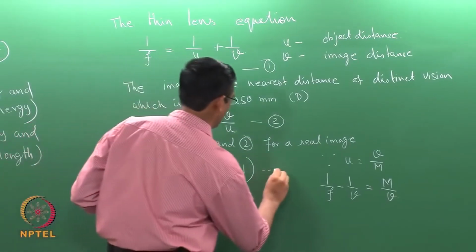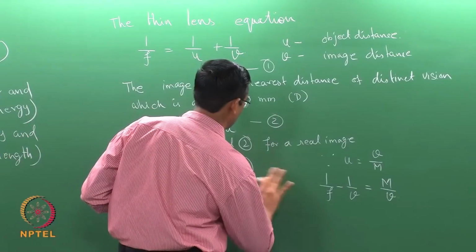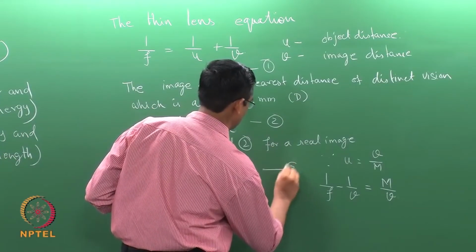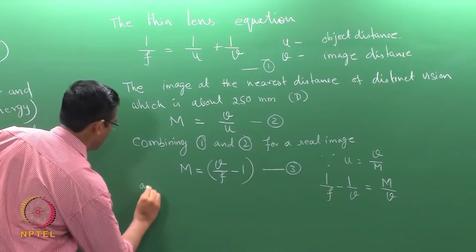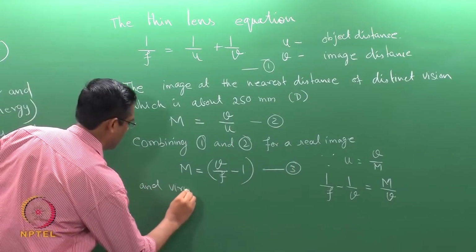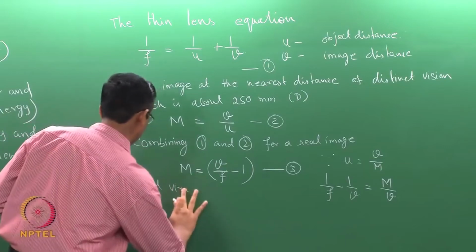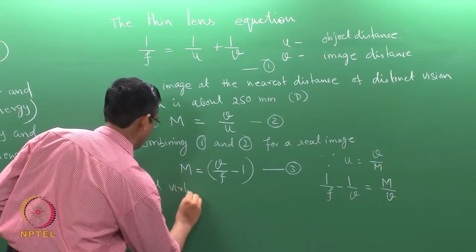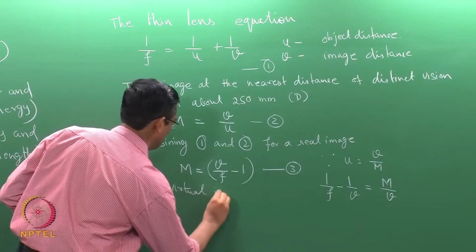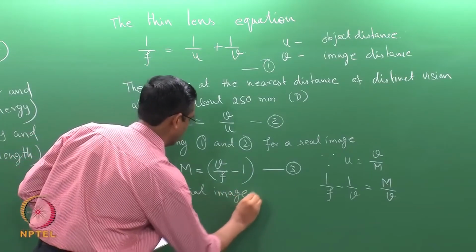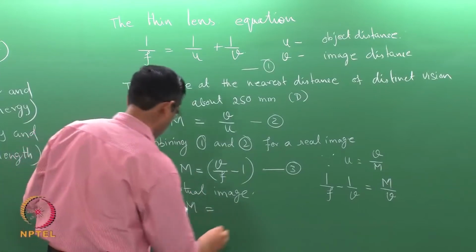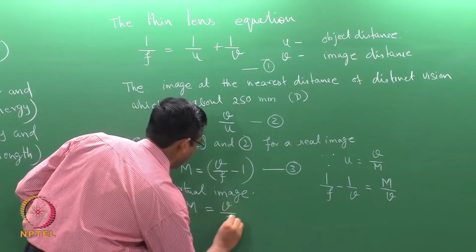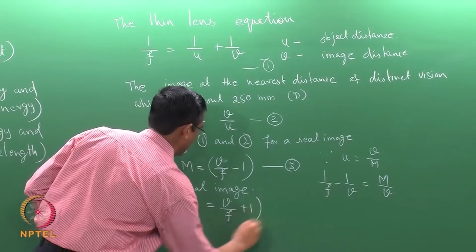This is equation 3, and for a virtual image, m equal to v by f plus 1.